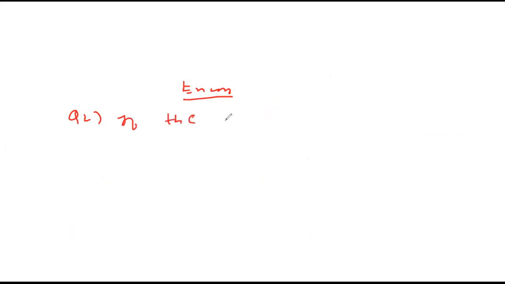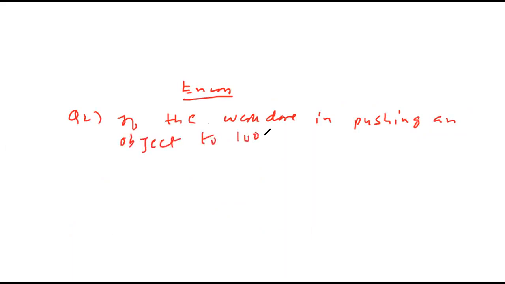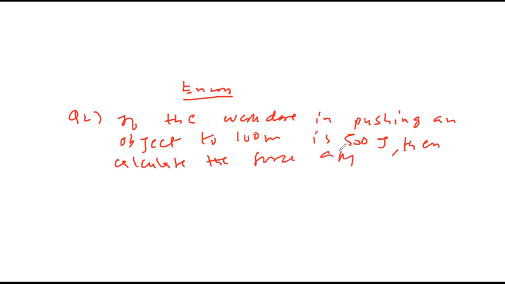If the work done in pushing an object by 100 meter is 500 joule, then calculate the force applied in pushing the object. What is the formula for work? Force into displacement.